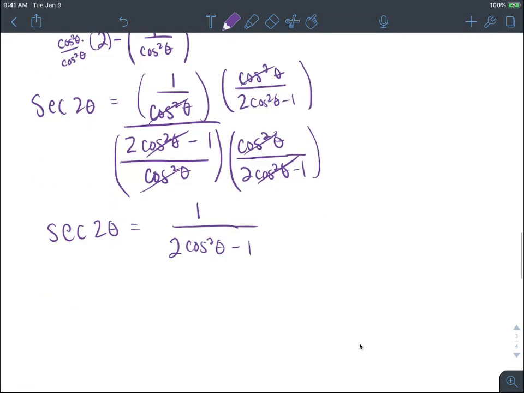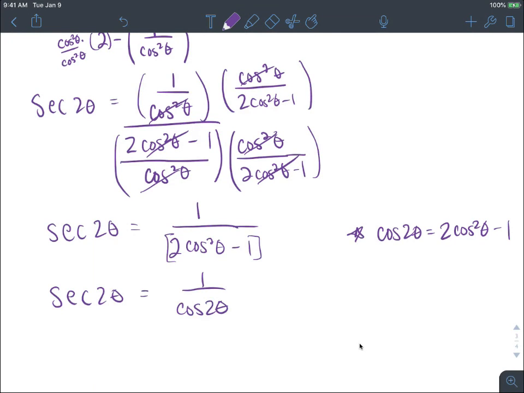And I can remember from my double angle formulas that cosine of 2 theta is equal to 2 cosine squared theta minus 1. So I can replace this whole deal with cosine 2 theta. So secant 2 theta is equal to 1 over cosine 2 theta.